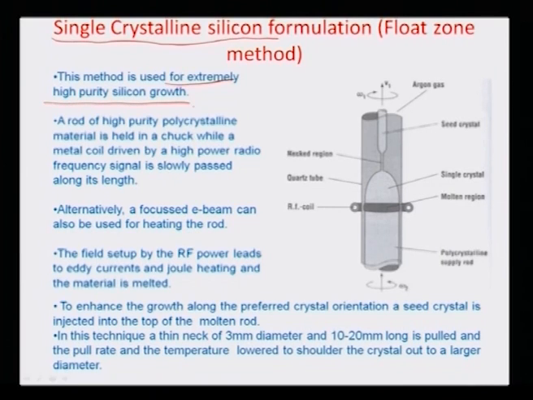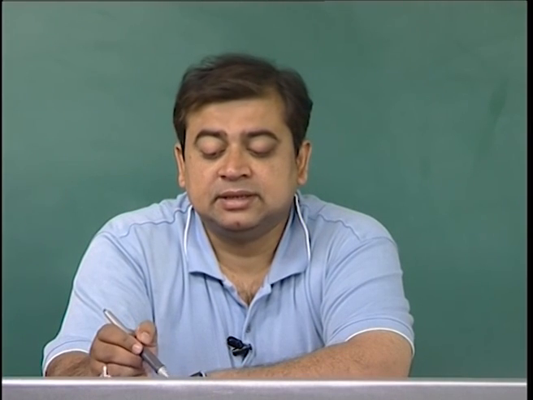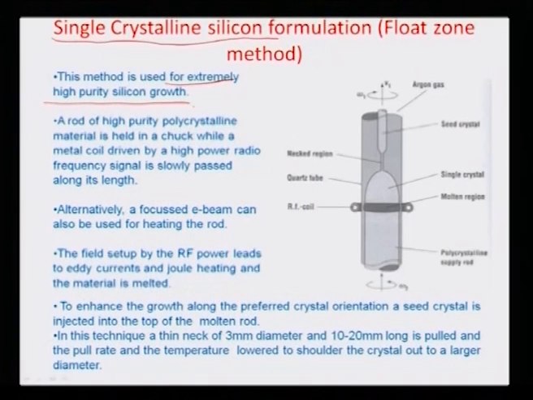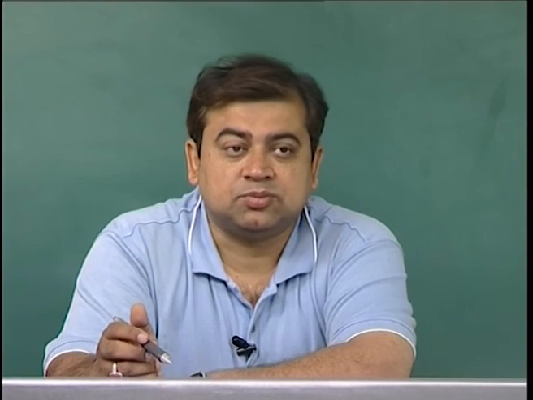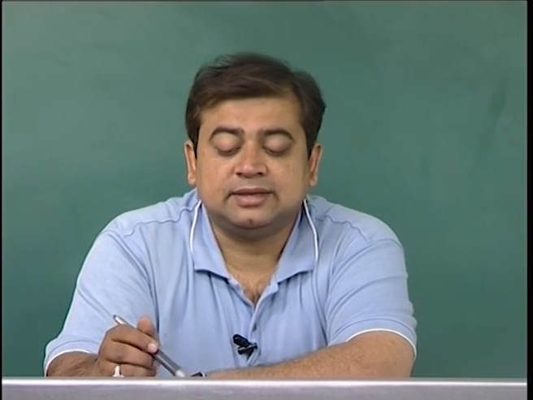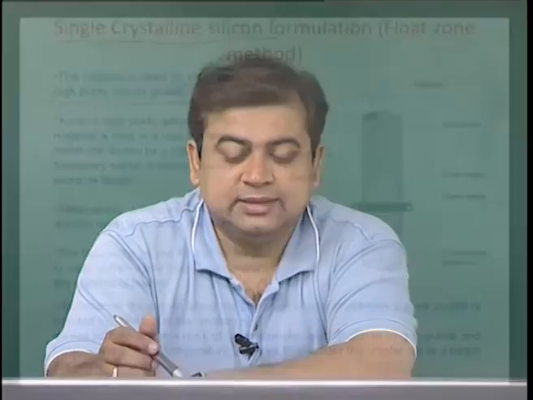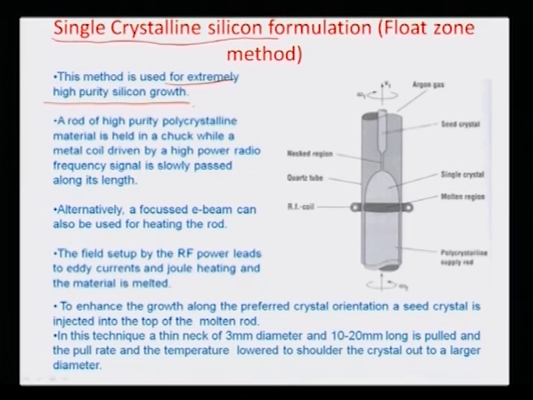The downside of this particular process is that you cannot go above a certain diameter of wafer production. Like in Czochralski, you could go up to any extent, including 8 inches or 5 inches. Bigger size wafers are also possible. In this particular case, it is only limited to smaller size wafers, and the process for production really is similar.